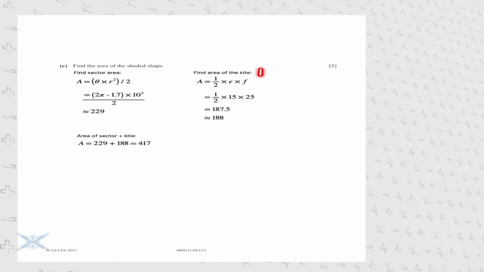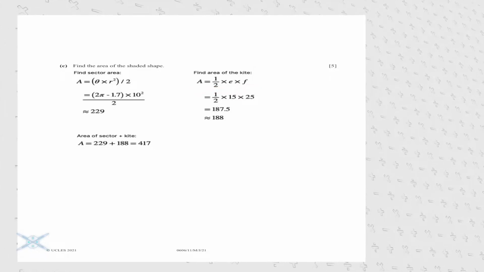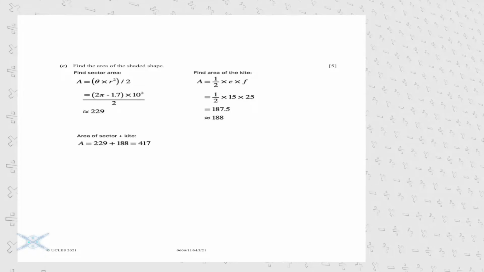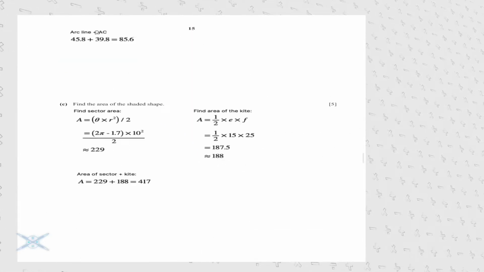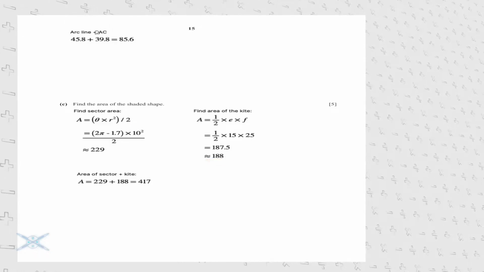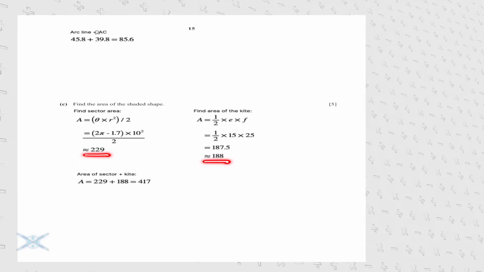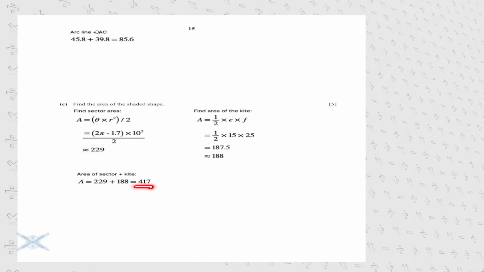To find the area of the kite, we will again work with the appropriate formula, and after plugging in the values for the diagonals of the kite, which are 15 and 25, we can conclude that the area of it is 188 centimeters squared, and finally we just add up both of those values and conclude that the area of the shaded shape is 417 centimeters squared.